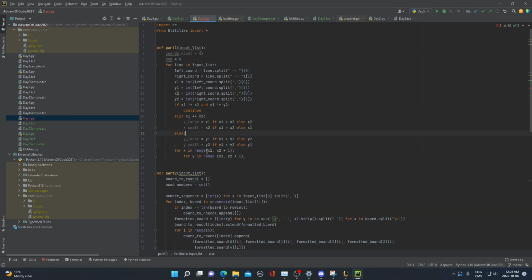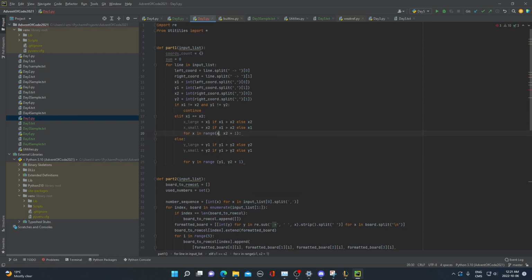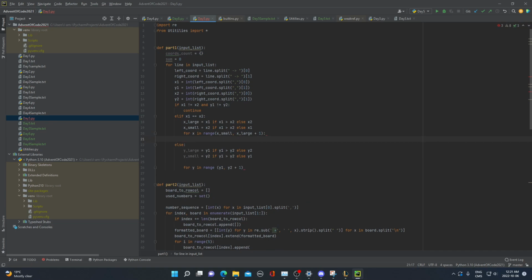Okay, now we can finally iterate. So range from x small to x large plus 1. X and Y1 not in chords count.